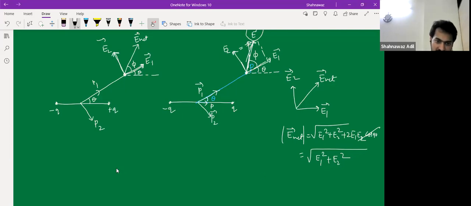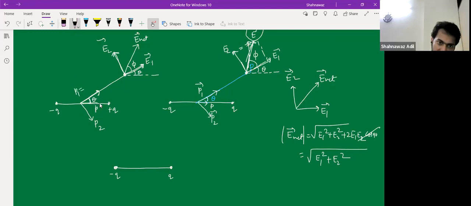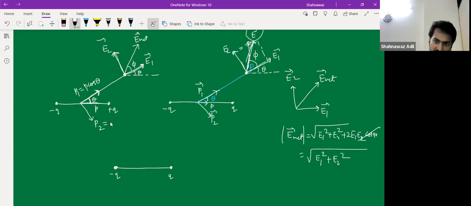If I have this dipole, whose magnitude is P, and this is theta, what would the components be? The component is P cos theta, and the other one, P2, is P sin theta. Yes, Faisal, absolutely correct.